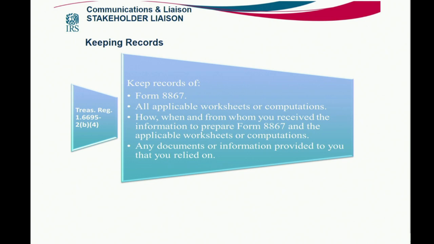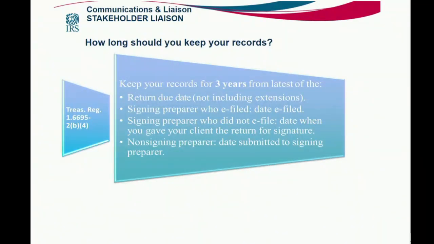Also, keep a record of all additional inquiries you made contemporaneously to comply with the knowledge requirement, along with your client's responses, and, as previously mentioned, copies of any client-provided documents you relied on to determine eligibility for the tax benefits or to compute the amount of credits.